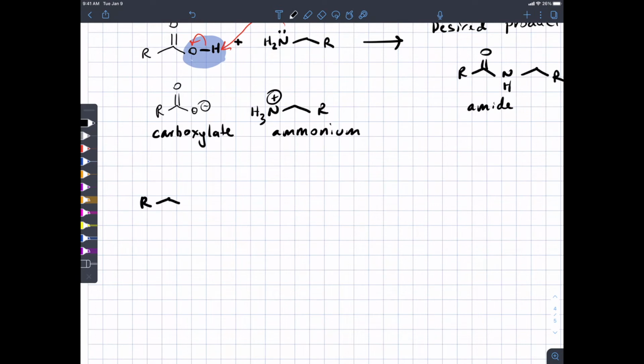One of the simplest ways, though I don't think it necessarily works for all molecules, is to convert acid to an acid chloride using a reagent called thionyl chloride, or SOCl2. I think you encountered this in 351, where you saw that it was able to convert OH into a chloride.